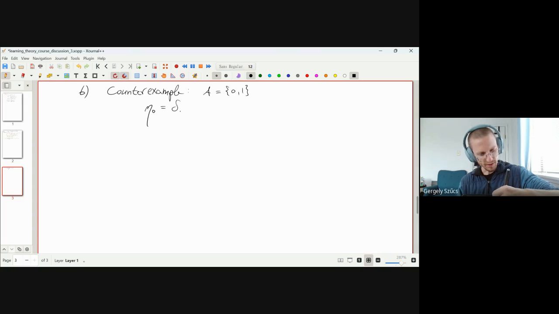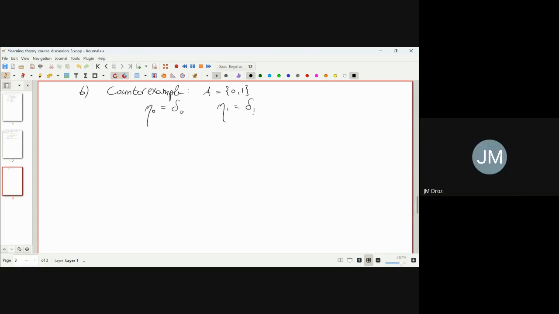So theta 0 is the delta distribution of 0 and theta 1 is the delta distribution of 1. For the policy, I take a very unnatural but simple policy where I choose 1 except on a subset whose density goes to 0.